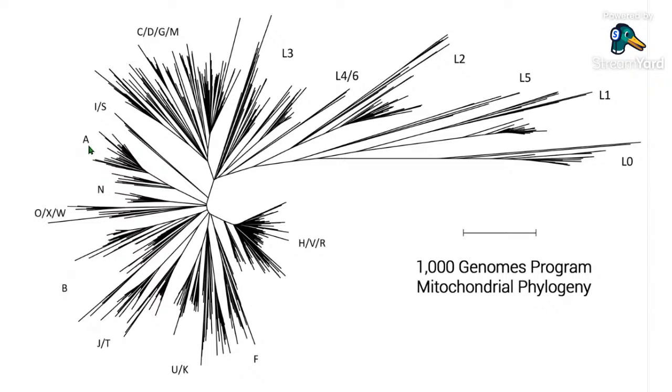So the A, the O, X, and W are sort of an Asiatic Semitic line. In other words, the Semitic line in Asia. Then from the B and these lines here, these lines are more Middle Eastern and such.